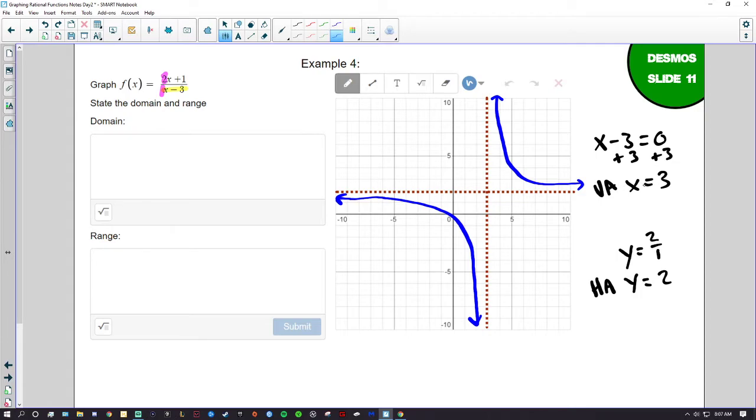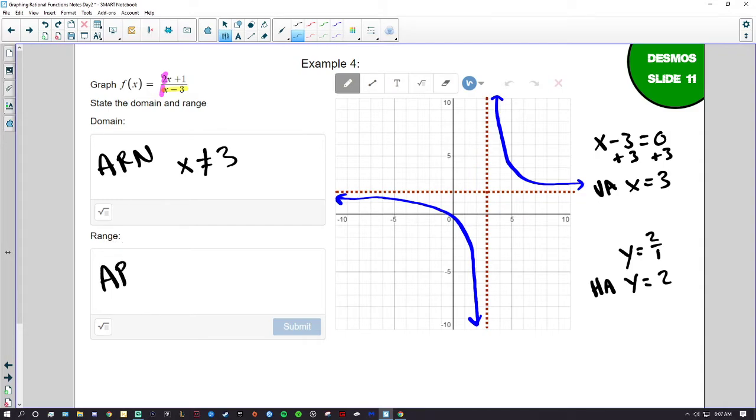We have a vertical asymptote at x equals 3. So our domain is all real numbers except x cannot equal 3, because we approach 3 on the x but never touch it.